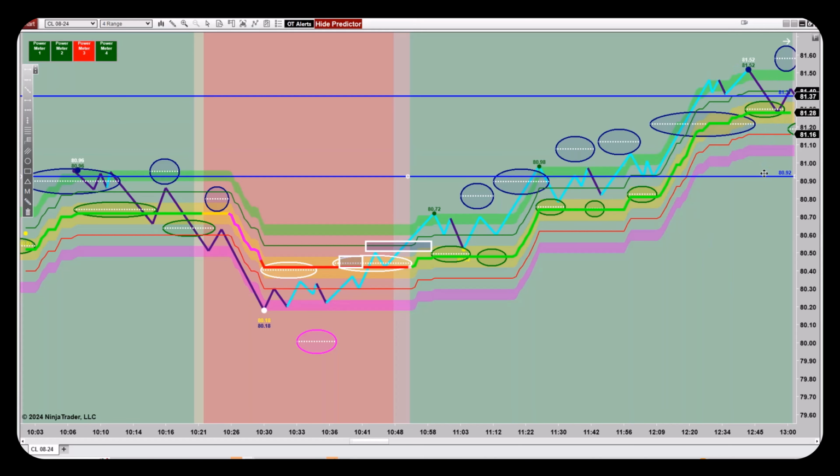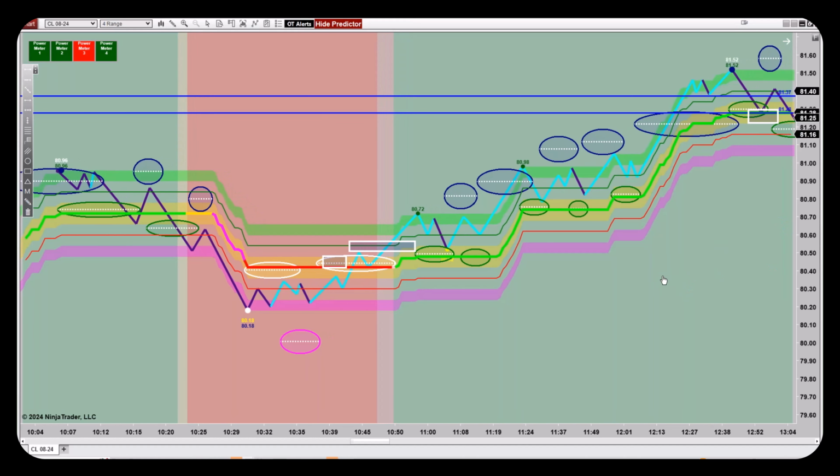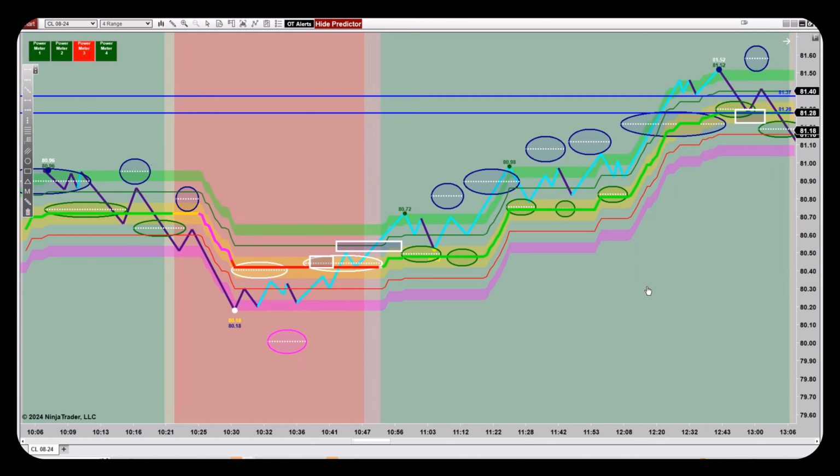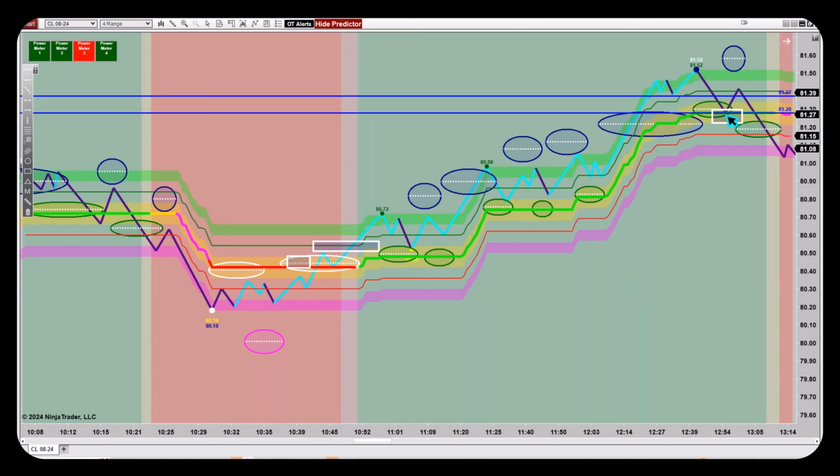So if it does break this right across here, just put your line in, draw your little box, and see if it actually does break it. Let's see if it does. Okay, it broke it. It totally broke it. Okay, so that's the way.